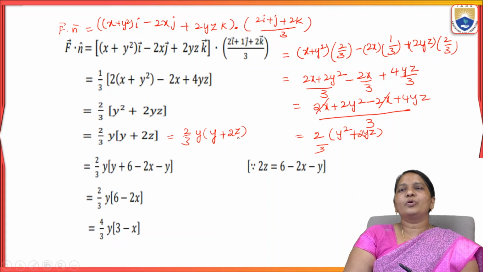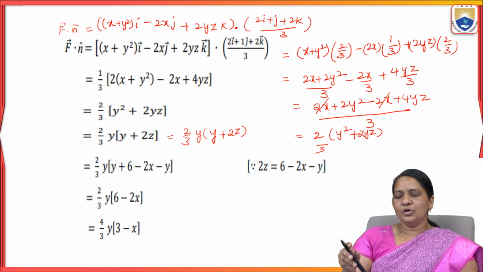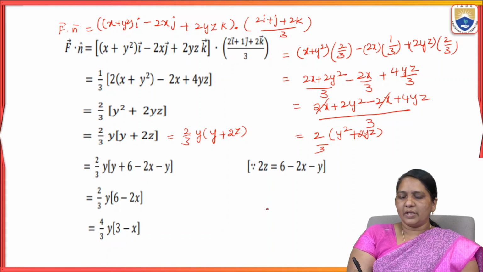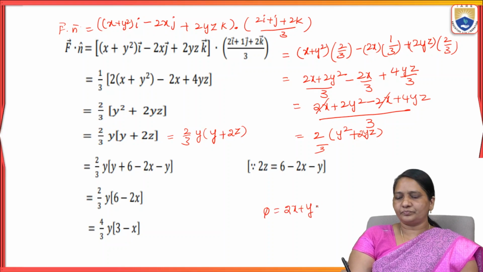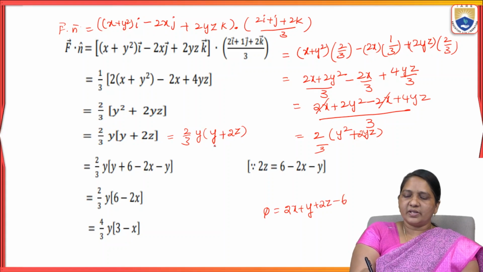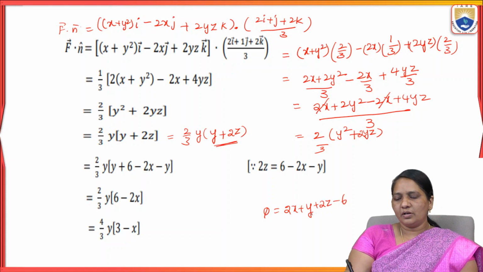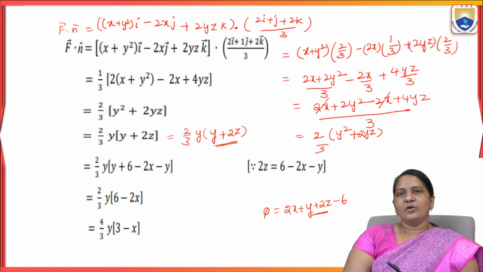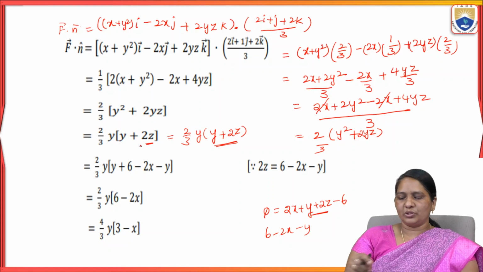Now we are going to use the plane value. Already we know the plane pi is 2x plus y plus 2z minus 6. From this we can write the y plus 2z value as 6 minus 2x.